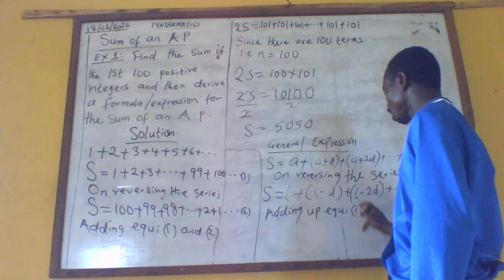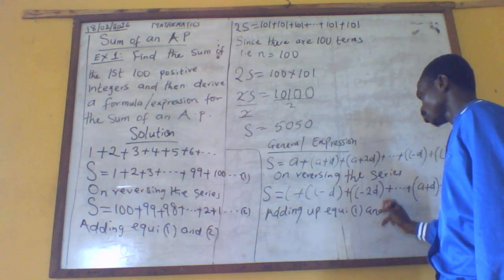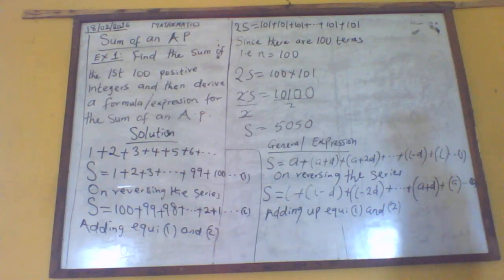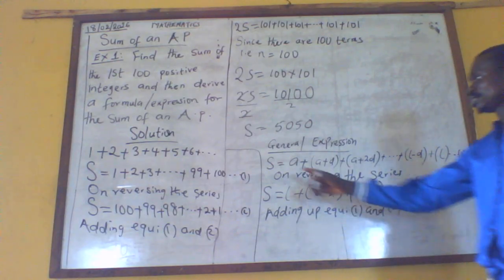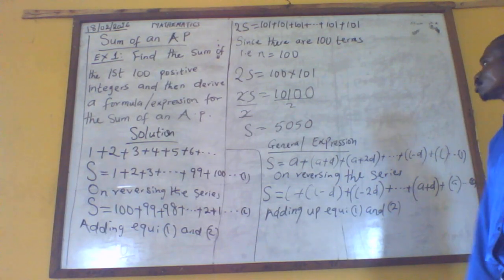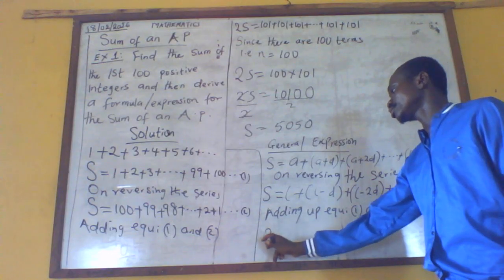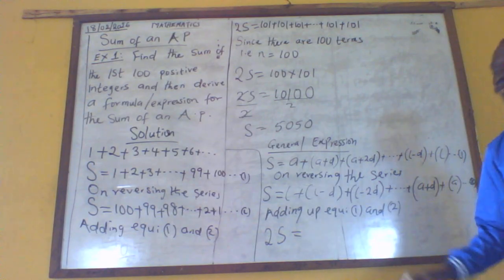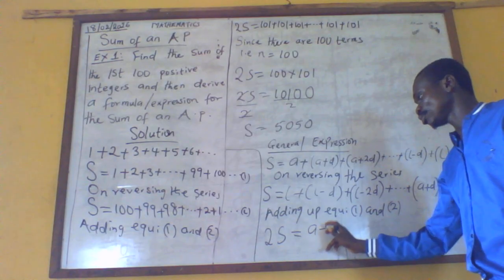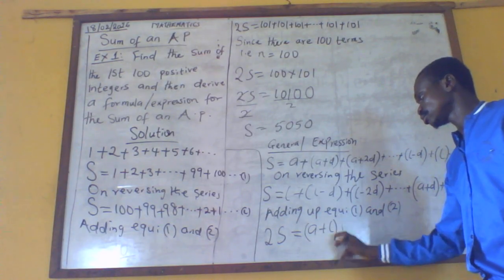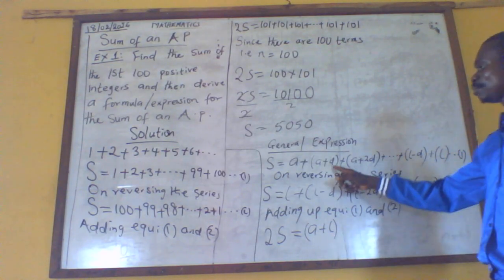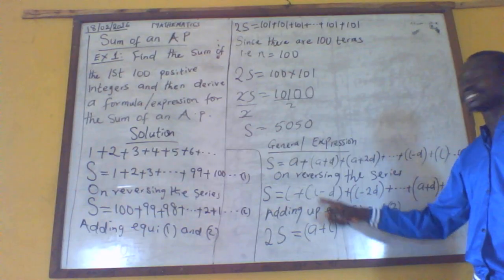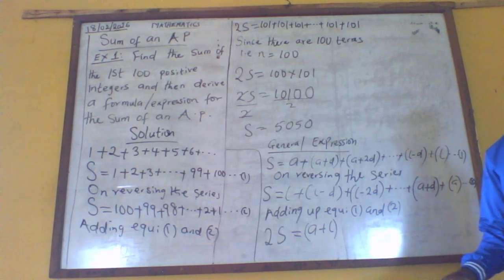Adding up equation 1 and 2. S plus S will give me what? 2S. A plus N will give me what? A plus N, right? Now, A plus D plus L minus D will still give me what?